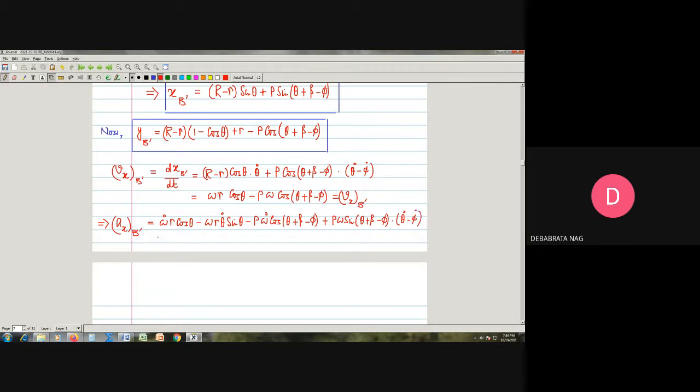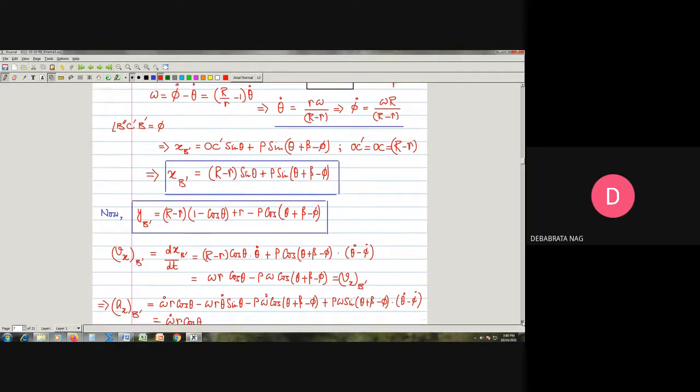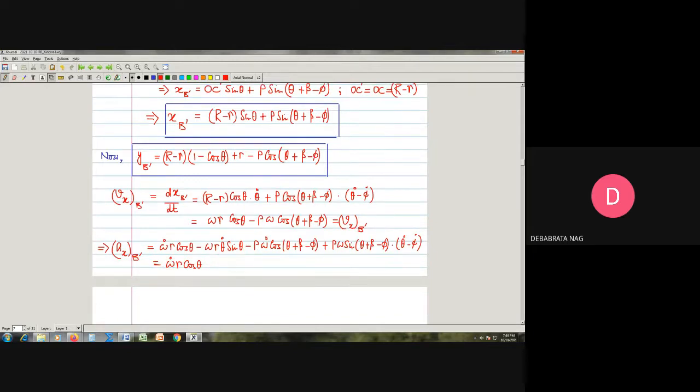So if you further simplify it, it can be therefore omega dot into r into cos theta. Now you remember we have found the theta dot expression, and theta dot is omega r by (R minus r). So we just substitute that. So it will become minus omega square into r square by (R minus r) into sine theta.